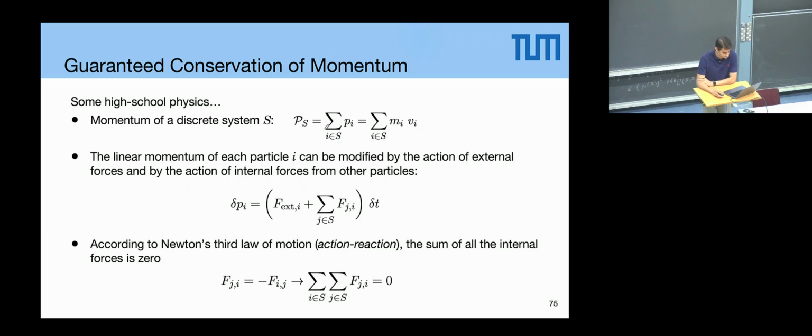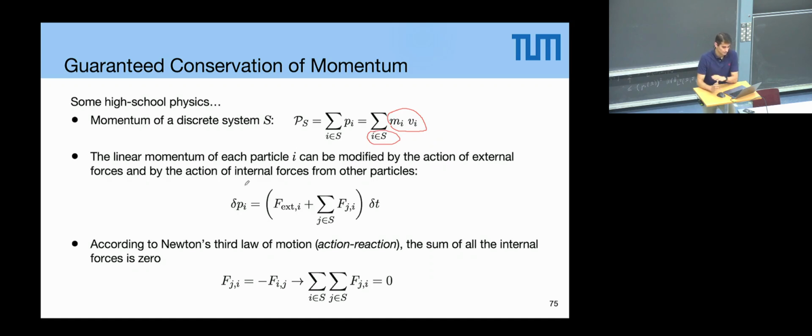of momentum. So we have a discrete system of particles, our fluid particles, and each of these fluid particles, i, has this linear momentum. If we want to obtain the total linear momentum of the system, then we just compute the summation across all the fluid particles.